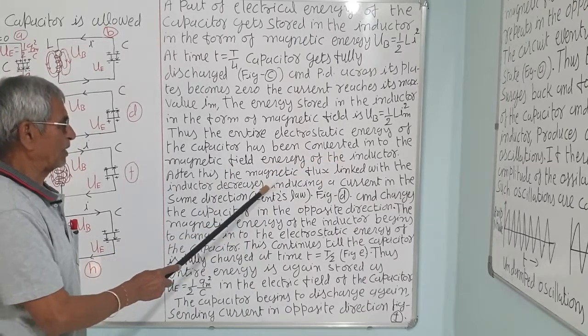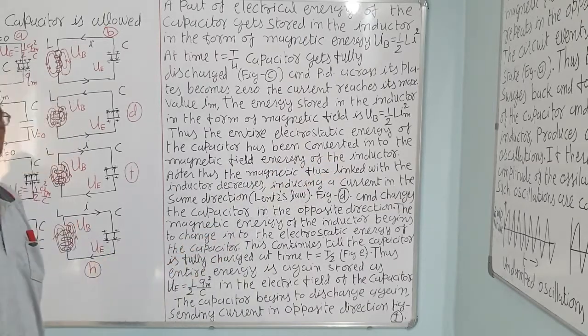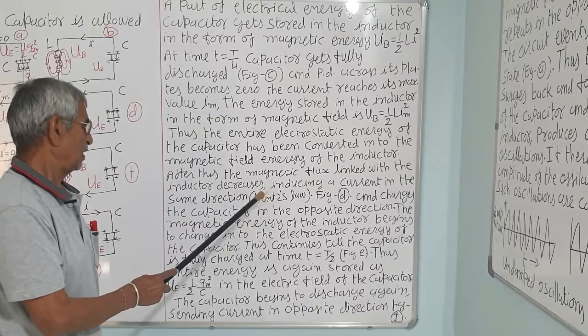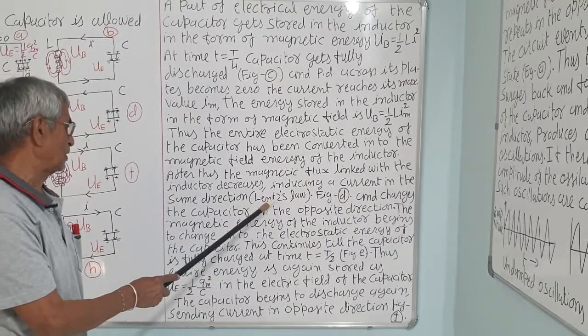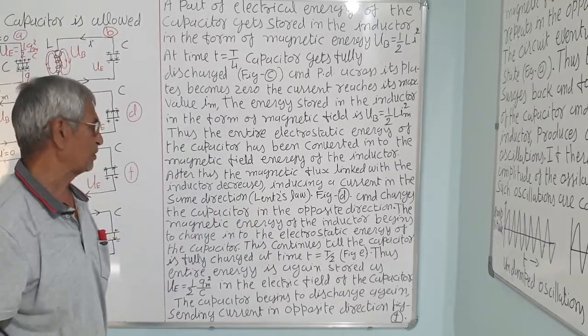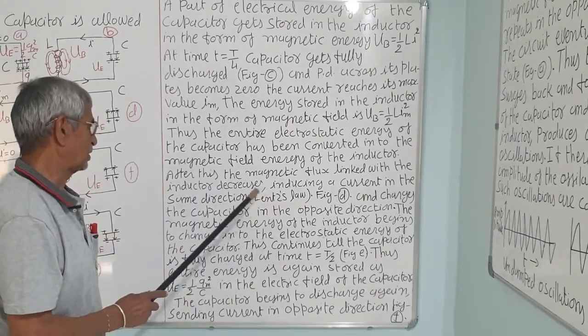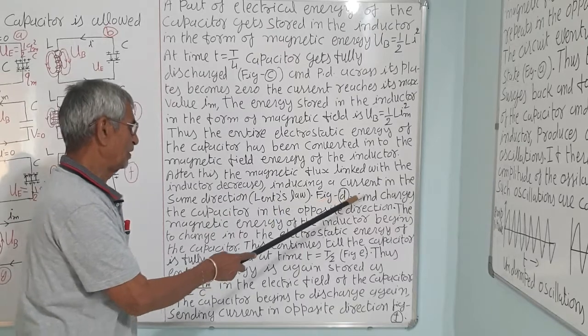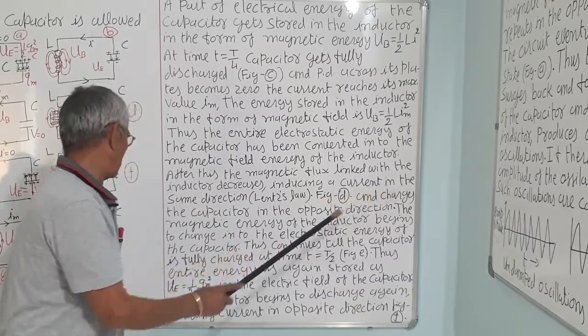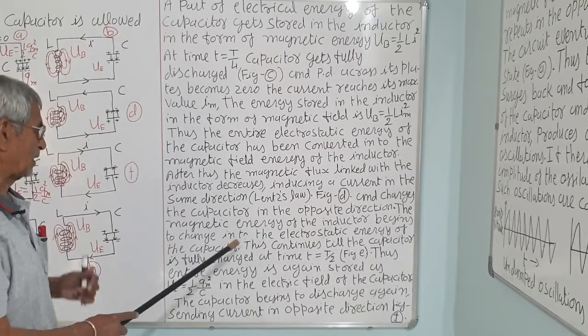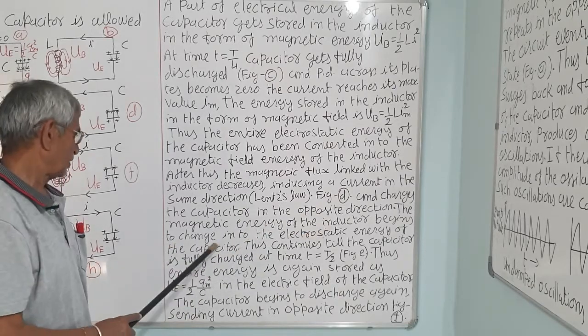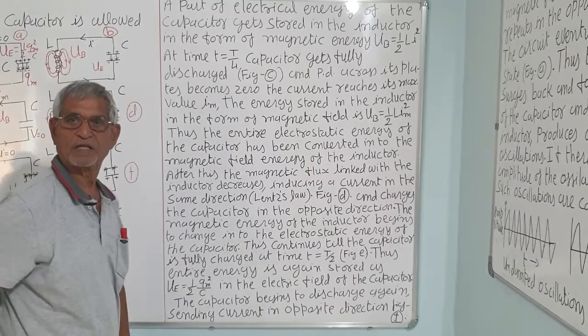After this, the magnetic flux linked with the inductor decreases, inducing a current in the same direction, that is, it opposes the decrease in the current according to Lenz's law. So it will flow in the same direction, that is figure D, as we have already discussed, and charges the capacitor in the opposite direction. The magnetic energy of the inductor changes again into electrostatic energy.